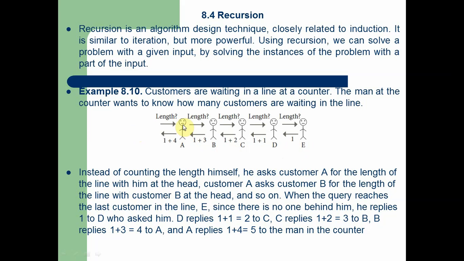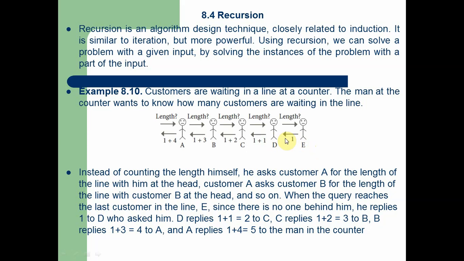Then A asks B, B asks C, C asks D, and D asks E. So E replies because he is the last person. After that there was no person in the queue. That's why he replies, there is none of the persons behind me, I am one. So he replies one.